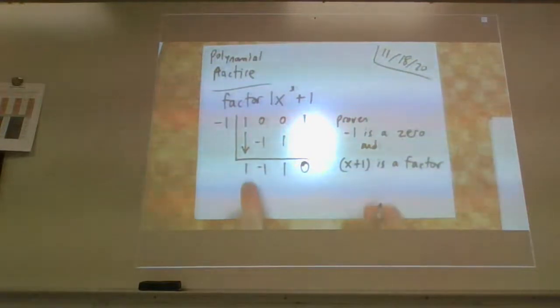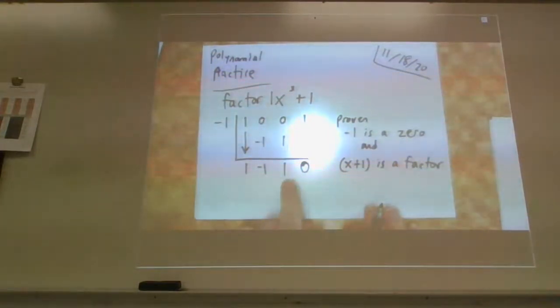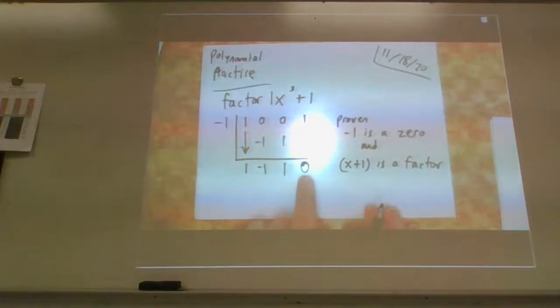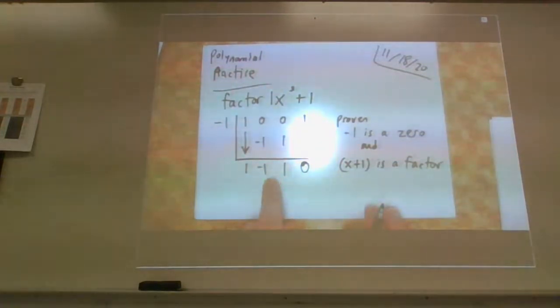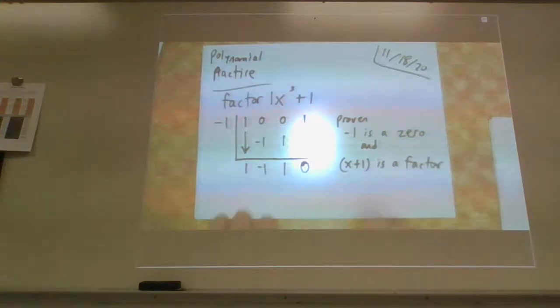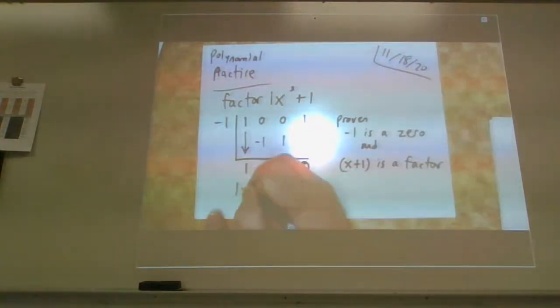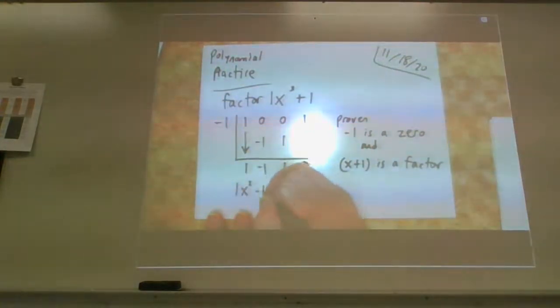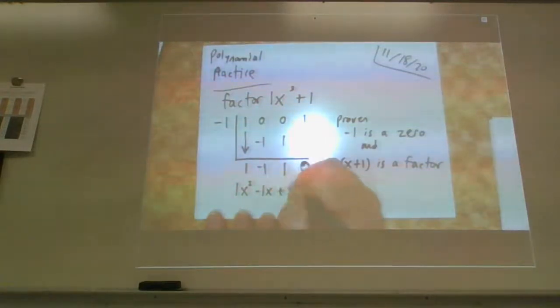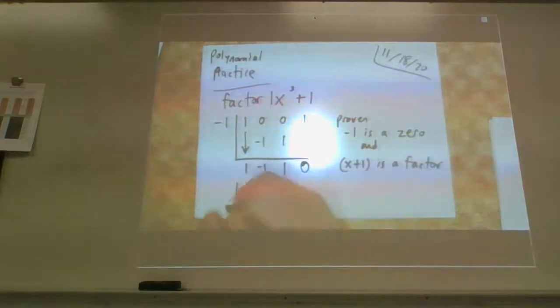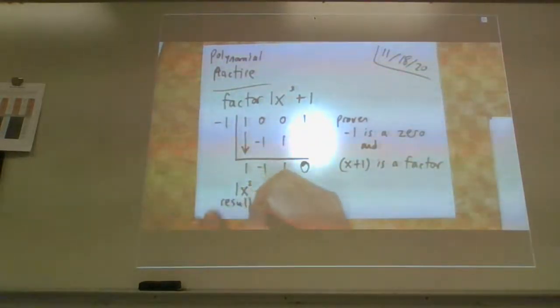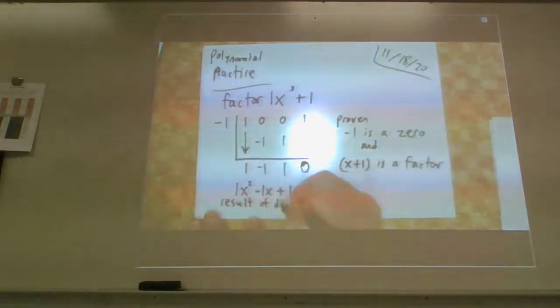Look at the bottom of this bar right here. That 0 represents your remainder. Then it goes constant, x, x squared. This is a 1x squared minus 1x plus 1 as the result of division.